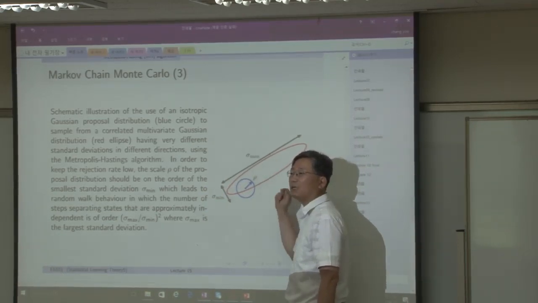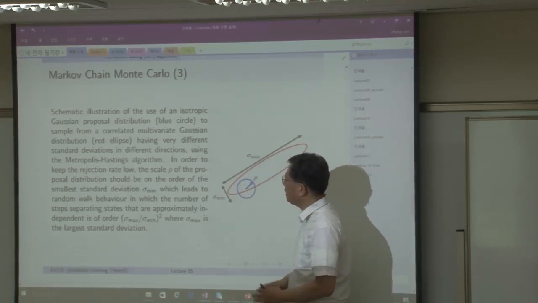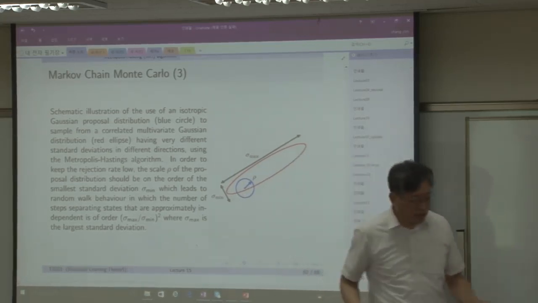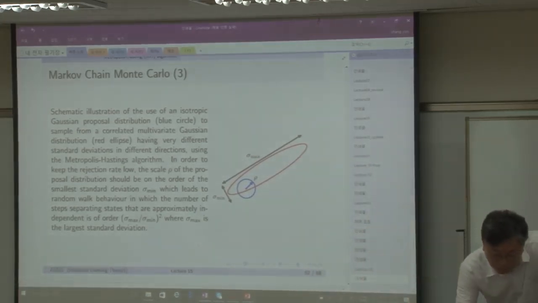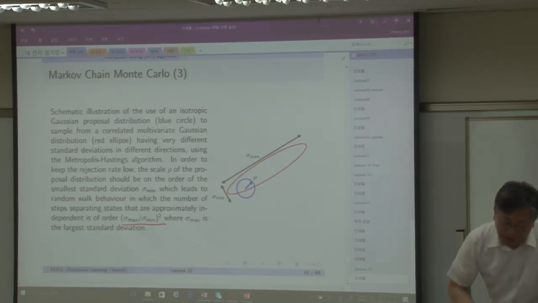I'll be rejecting a lot of them. So this has to be small in order to go there. And the result is that of order of this squared is the number of samples that you would need, in order to keep the rejection low.